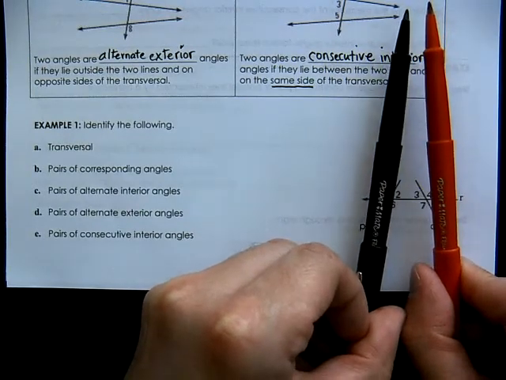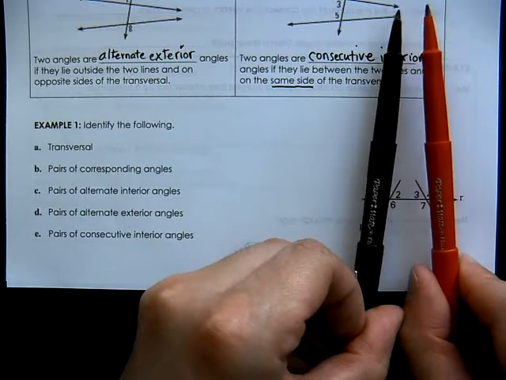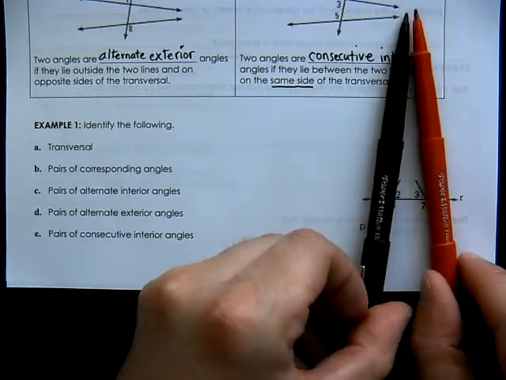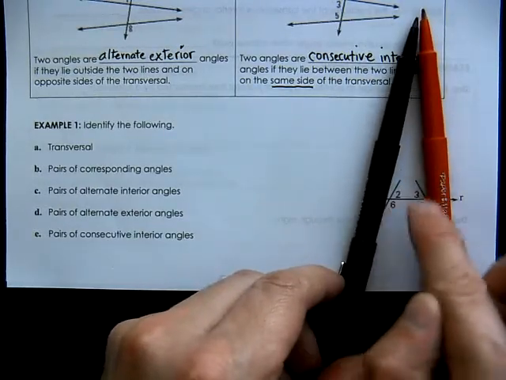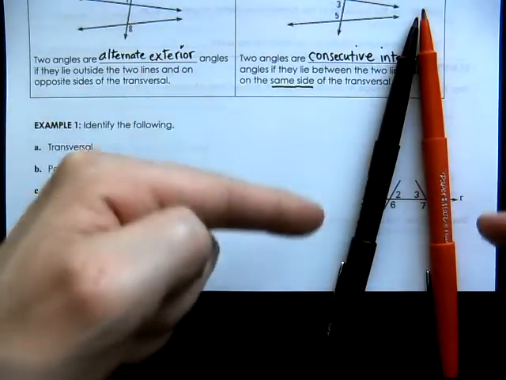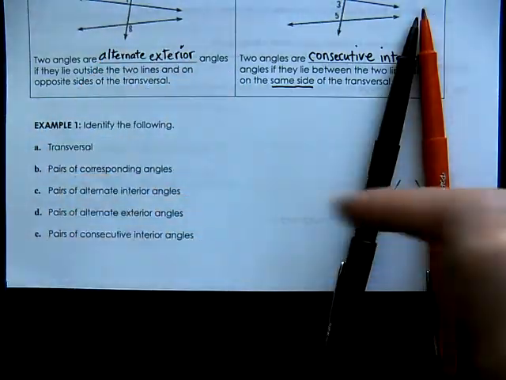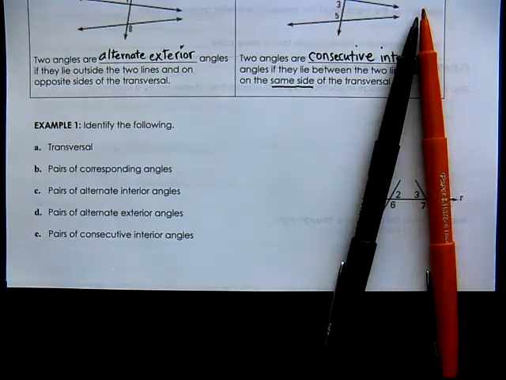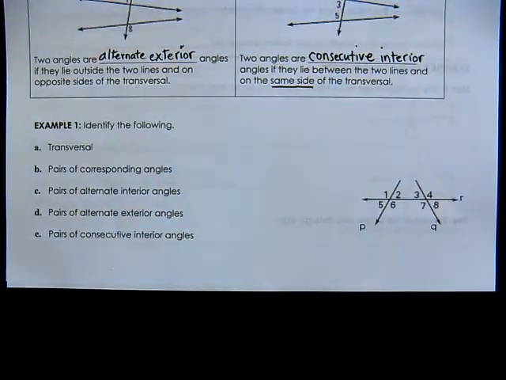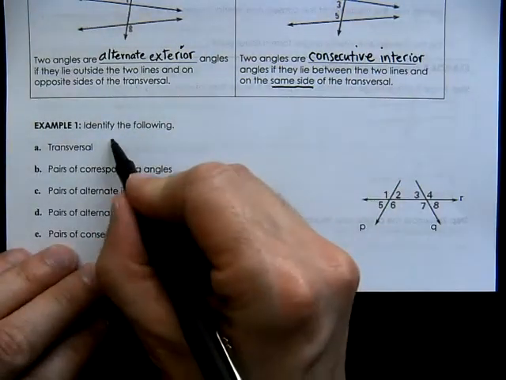So these are the two lines we're talking about. That means if we're looking at angles, we want to know, are the angles between the two lines, or are they outside of the two lines? That means R is the transversal. All right, so the first question is, what is the transversal? That's line R.